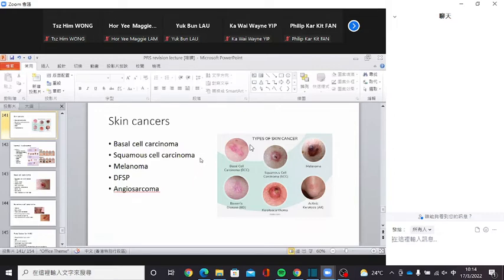So sometimes I see people are unable to give differentials of benign causes, and that could also make you fail the exam. So be familiar with some common benign skin lesions as well. So these are some commonly named or examined entities of skin cancers: basal cell carcinoma, squamous cell carcinoma, melanoma, DFSP, angiosarcoma.